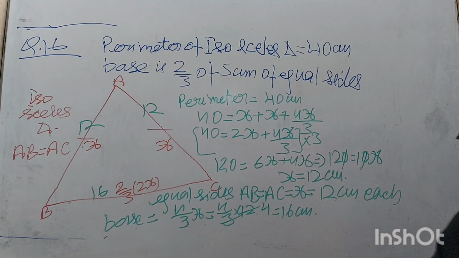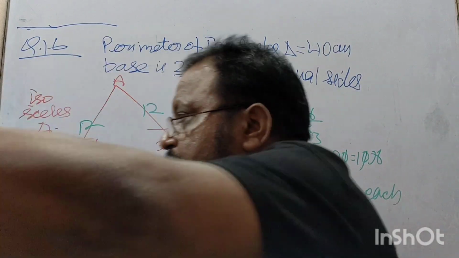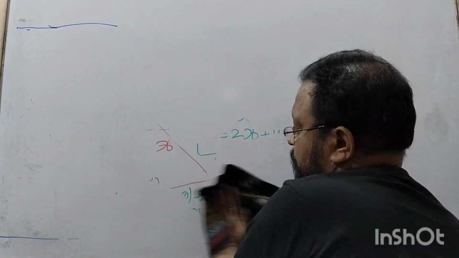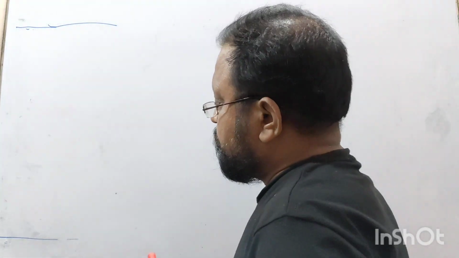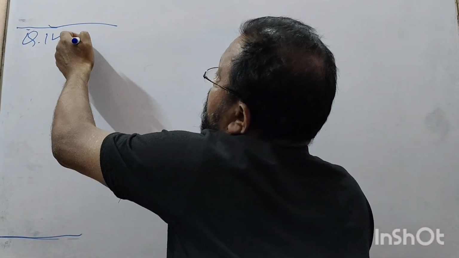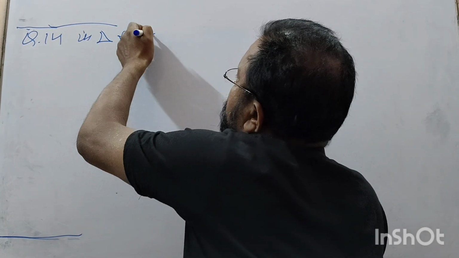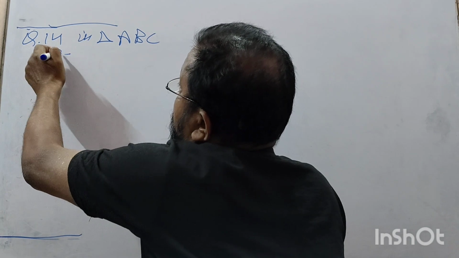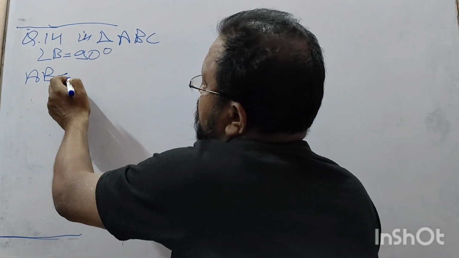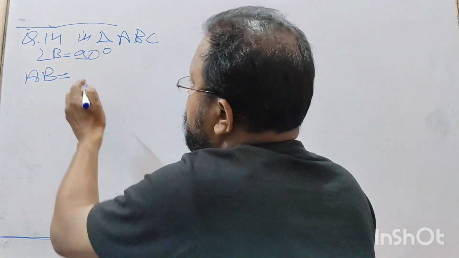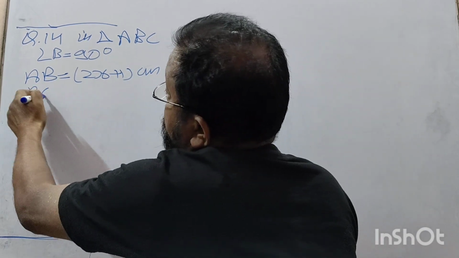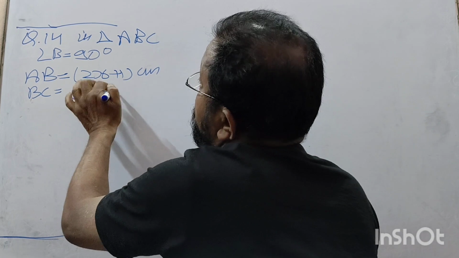Now come to question number 14. In triangle ABC, angle B is equal to 90 degree, AB is equal to (2x plus 1) centimeter, BC is equal to (x plus 1) centimeter.